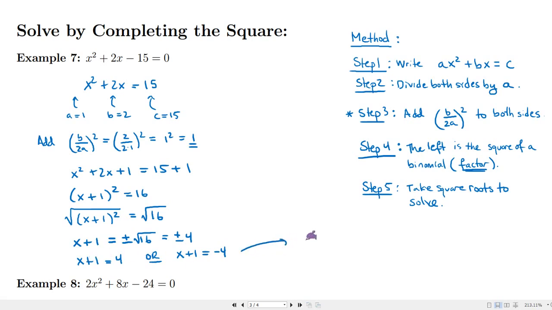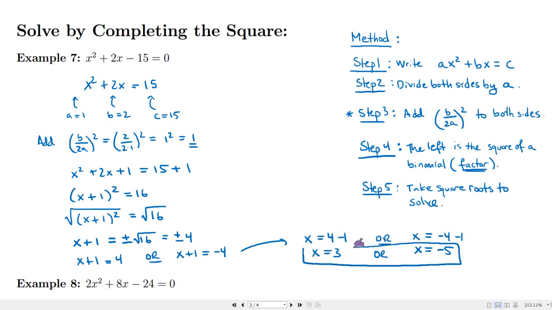So what do we get here? So this is x equals 4 minus 1, so that'll be a 3, or x is equal to minus 4 minus 1, so that's x is minus 5. Okay, so here's our two solutions, which are just the simplified versions of what I wrote before, but that's it.